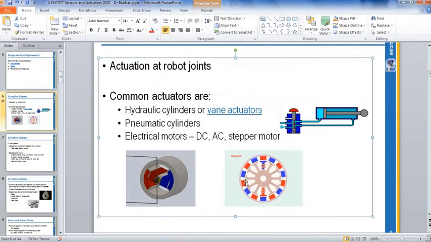So if you think about high accuracy, but you don't want to use a sensor or encoder to measure position, you can use a stepper motor, because its movement is step by step, so it does not exceed the position that you control. If you say move 10 steps, the motor will move 10 steps.